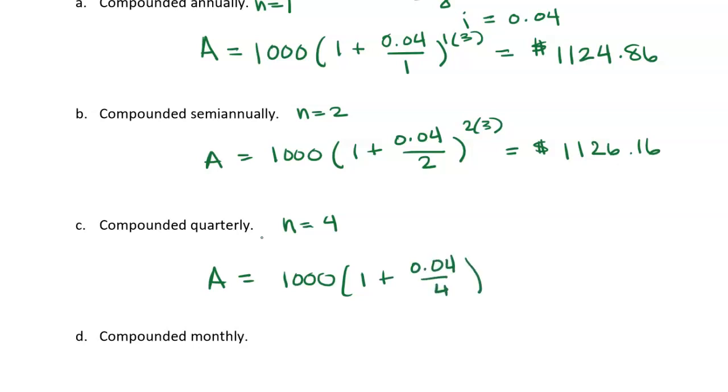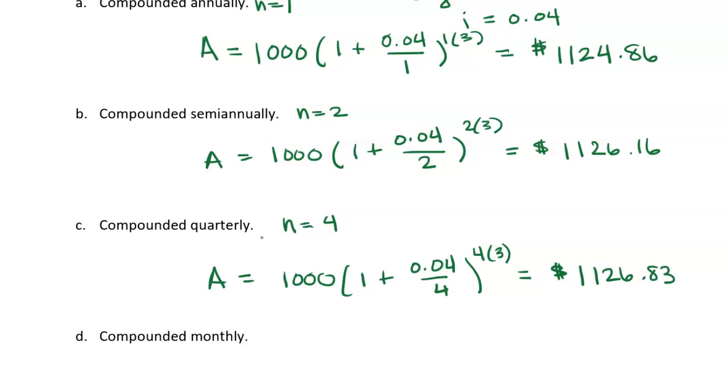This N times T is really just the number of times it's compounded. It's compounded 4 times a year for 3 years, which means a compounding gets applied 12 times over that 3 years. Putting it into the calculator, I got $1,126.83.